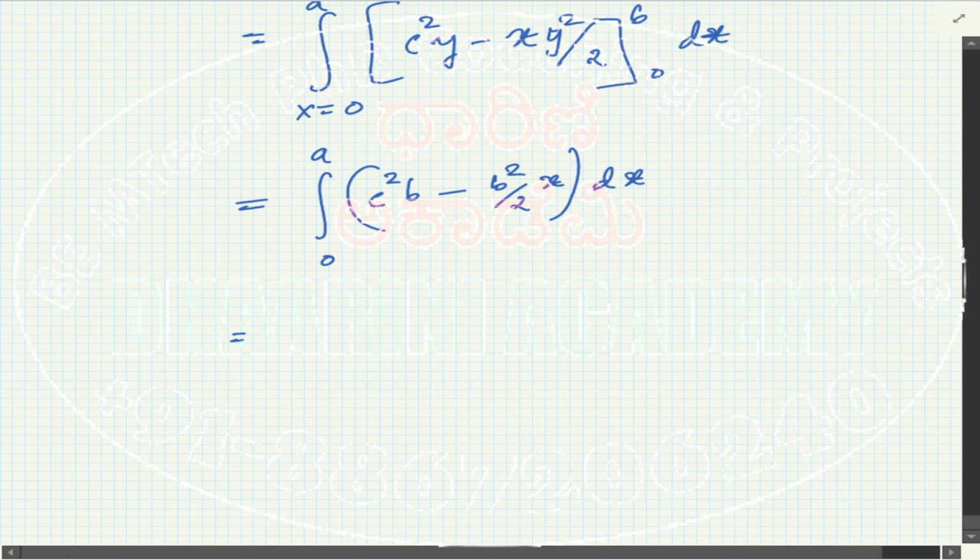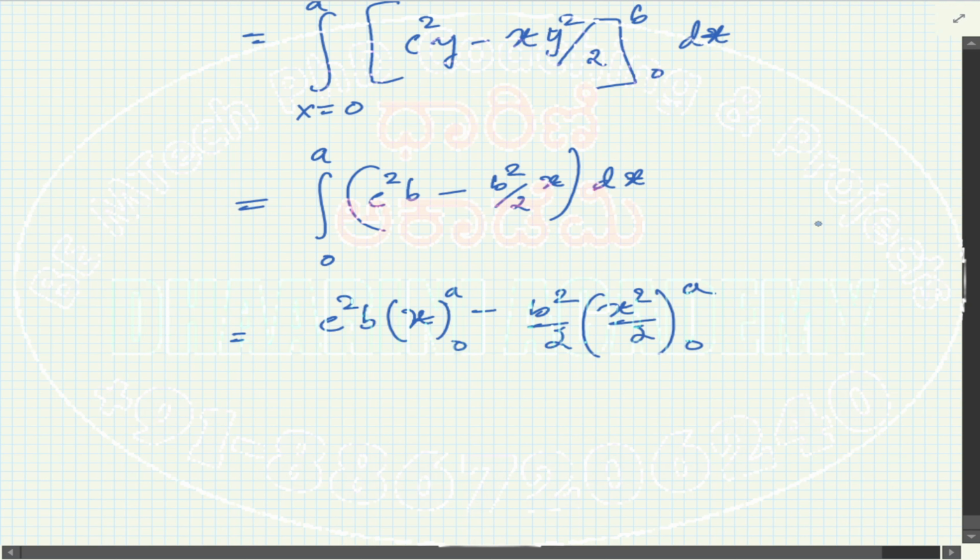So the first term is c square b into x from 0 to a minus, there is b square by 2 outside, x becomes x square by 2 from 0 to a.